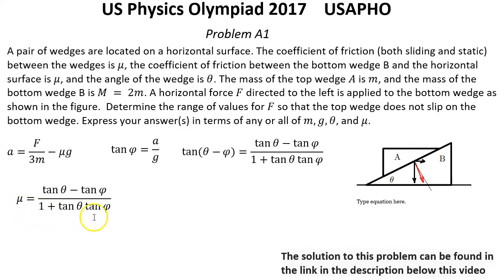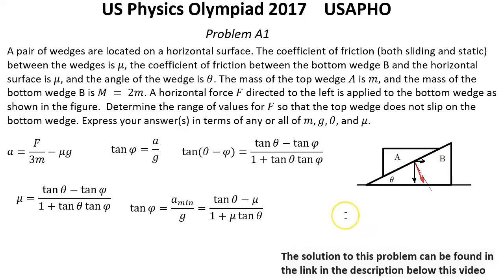Mu equals this expression, and now we have tangent phi equal to mu minimum over g, which is this expression. And this minimum acceleration we can use to find the minimum force F. That's the approach for using a non-inertial frame of reference.